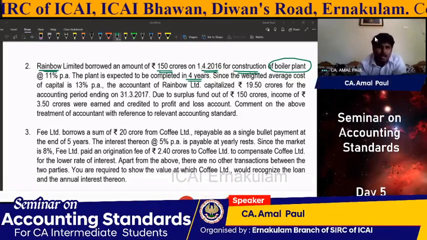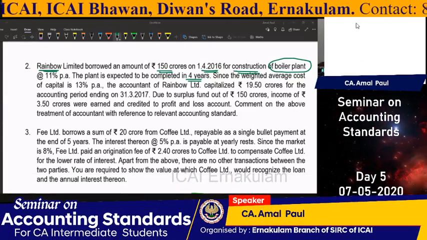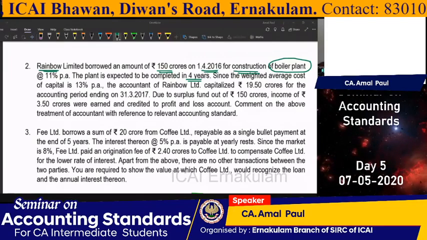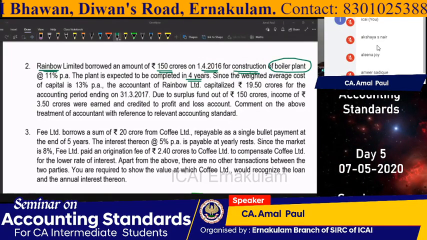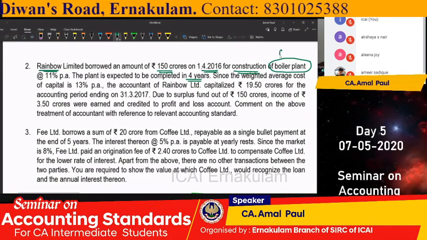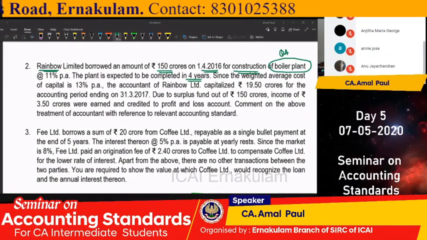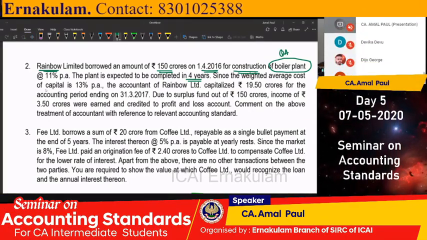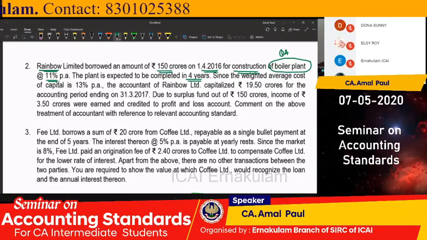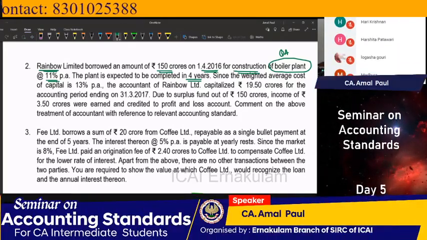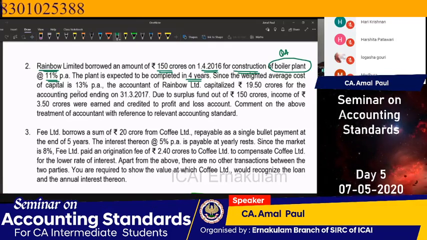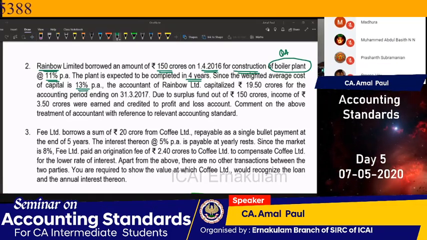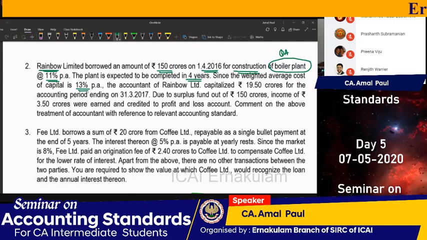This is an asset which necessarily takes a substantial period of time to get ready for its intended use. This is a qualifying asset. Okay, this is a qualifying asset. So they had an 11% borrowing. Then the weighted average cost of capital for this entity is 13% per annum.